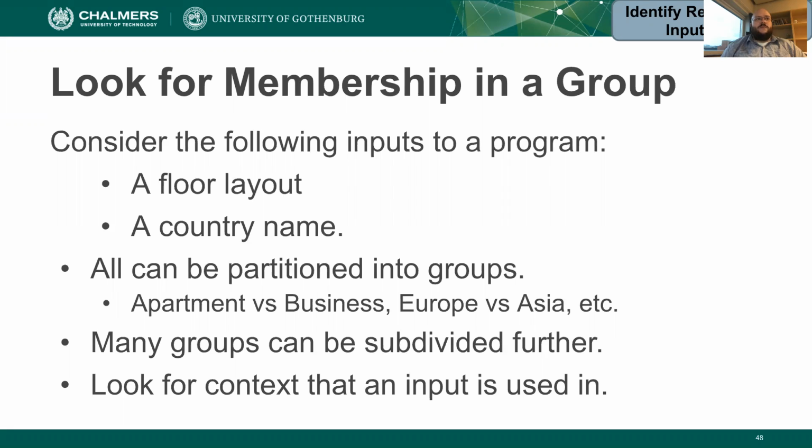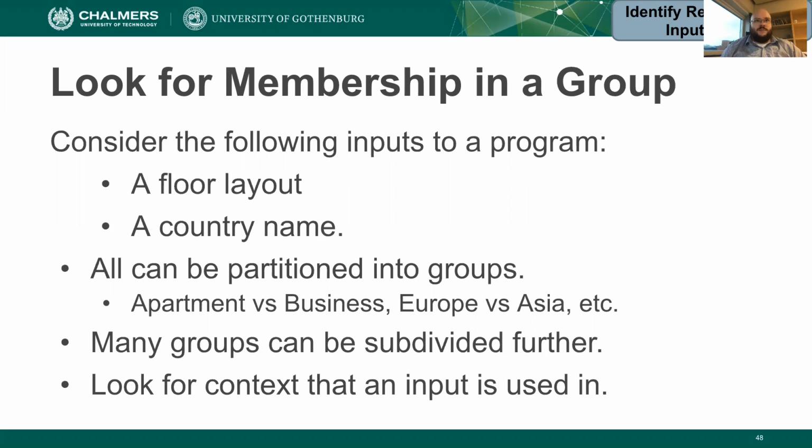You might want to look for how you could break down the input into logical groupings. And here again, it's some context behind how a program uses that input. Often you have different logical groups in mind when you come up with a feature, and so you try inputs from each of those logical groupings. So for example, maybe you have a program that takes in a country name and a floor layout.